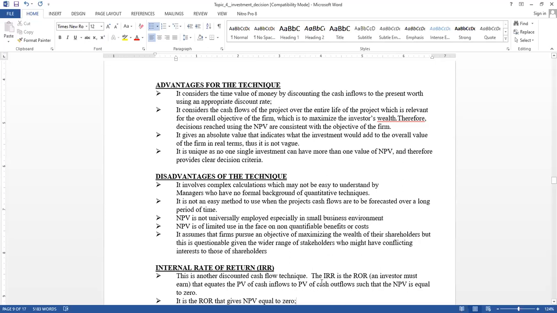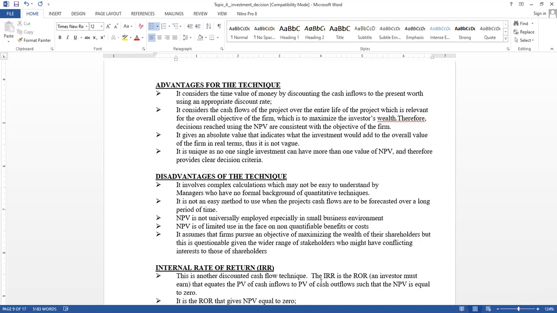Another disadvantage is that this technique assumes that firms and organizations pursue the objective of maximizing the wealth of their shareholders. But in most cases, you find that it may not apply, given that in any organization you may have different stakeholders, and each stakeholder has his or her own vested interest.